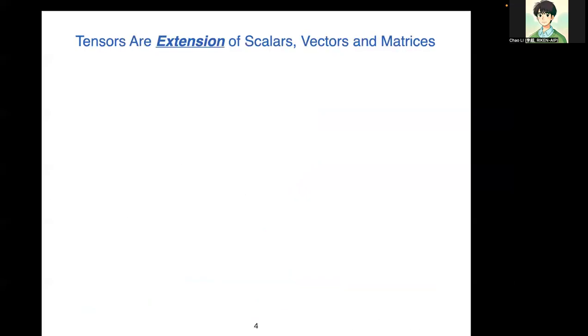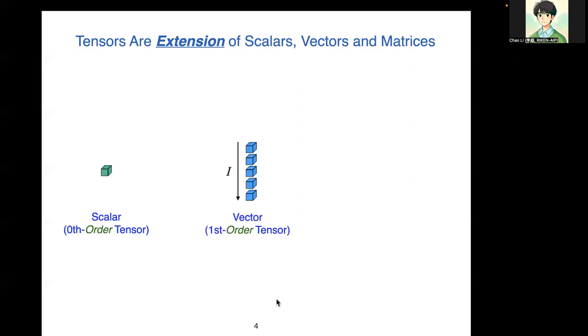Now we know what a tensor is. Next, let's connect it to some concepts you already know in linear algebra. A scalar is just a single number. So in the framework of tensor algebra, we call this a tensor of order 0 because it has no directions. A vector is a one-dimensional array of numbers, so this is a tensor of order 1.